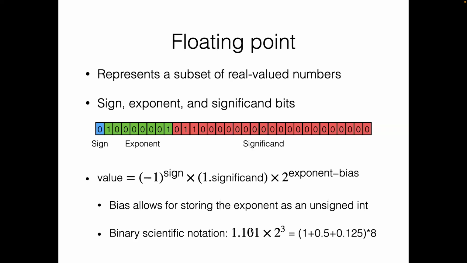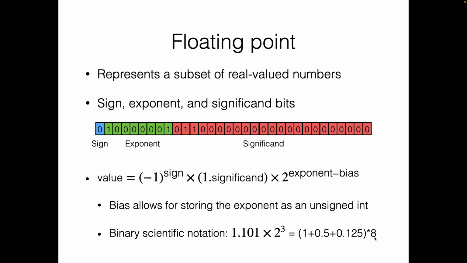And then this position is 2 to the minus 2, and it's zeroed out. Then this is 2 to the minus 3. And so you see 2 to the minus 3 appear here. So it's a bit weird if it's the first time you're seeing this, but it's essentially scientific notation, but in base 2. So again, here instead of having 10 to the whatever power, like in scientific notation, we have 2 to that power.